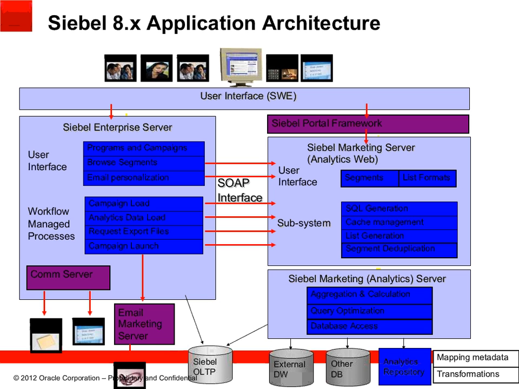SOAP is simple object access protocol, which has structured information to make web service calls in any network. So it helps in interaction between any two networks. We will not be looking into more about the analytics part in this webinar. We will be focusing more on email marketing server throughout this webcast.